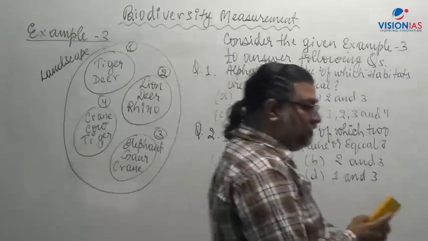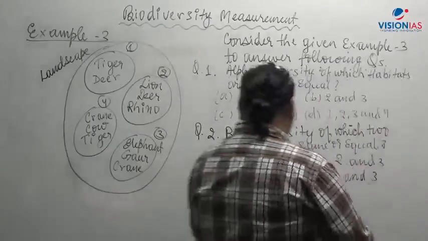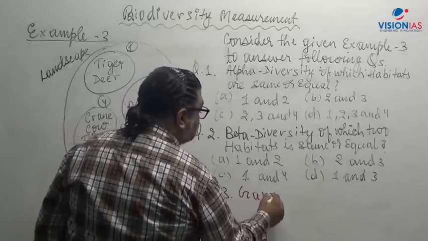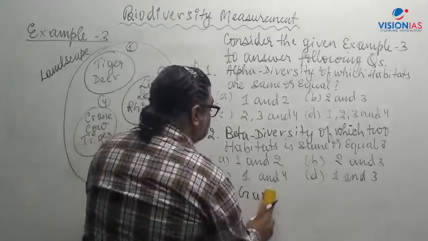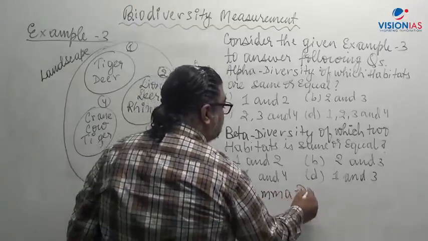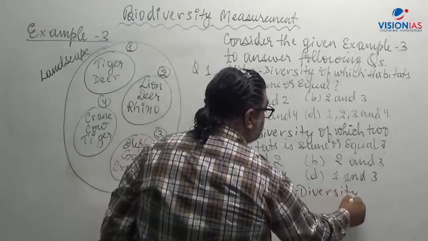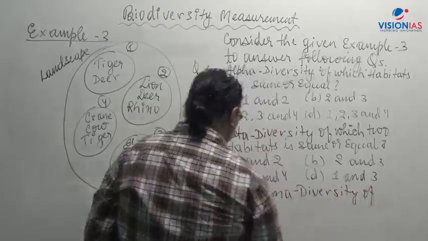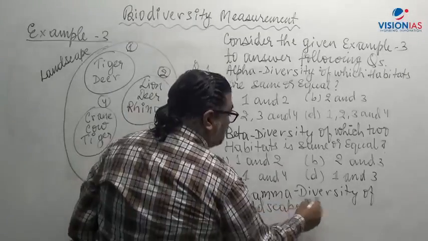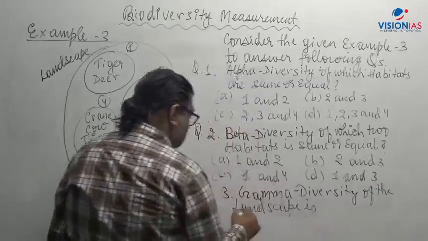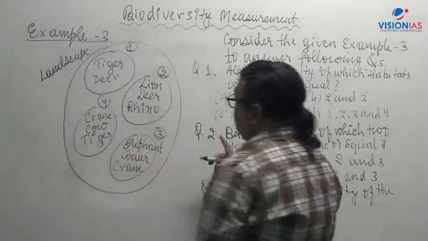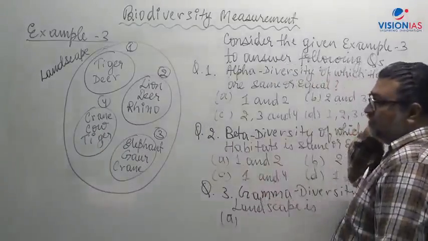Now your last question, question number 3. Gamma diversity of the landscape is A. I am now asking gamma diversity. You know what is gamma diversity, right?